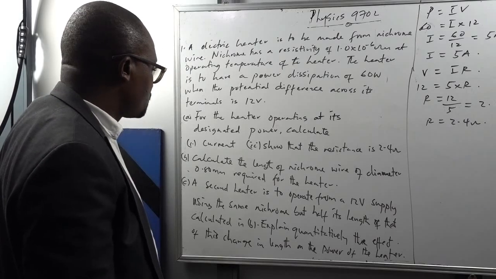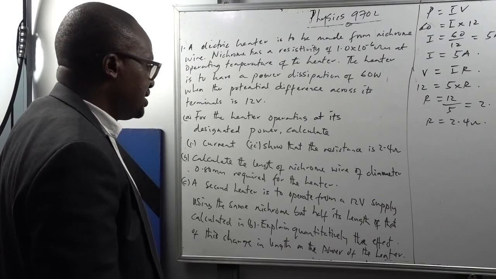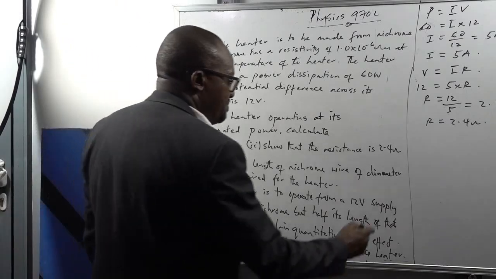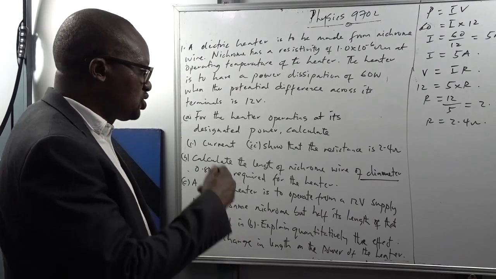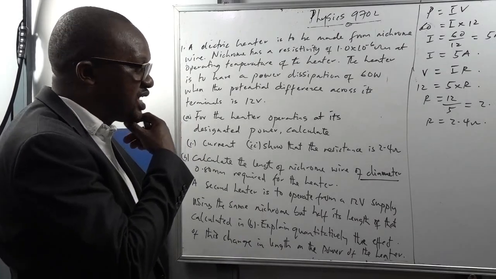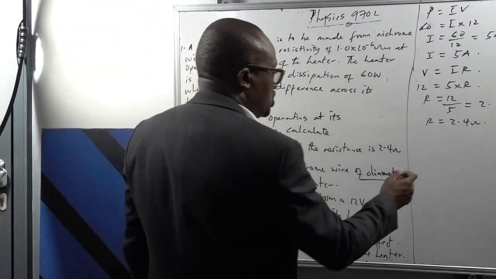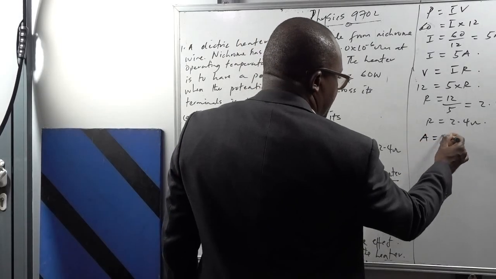Then the next one is: calculate the length of nichrome wire of diameter 0.80 millimeters required for the heater. So we want to calculate the length. The diameter of the wire is given. From the diameter of the wire, we can calculate the cross-sectional area.